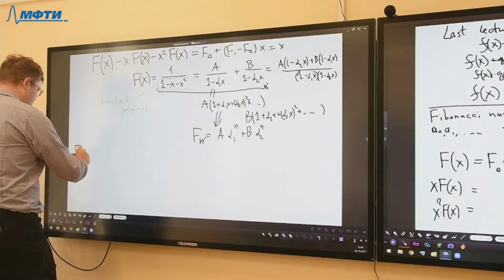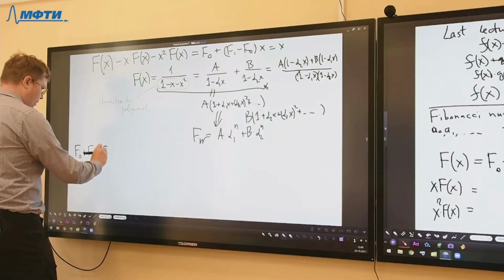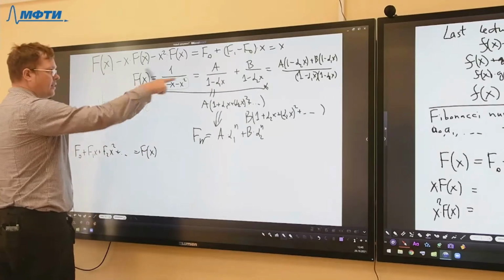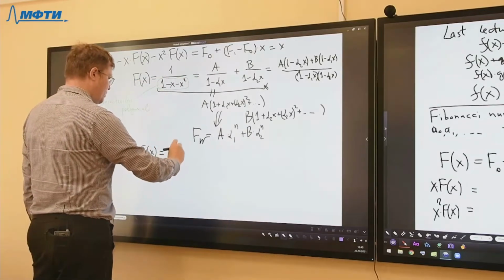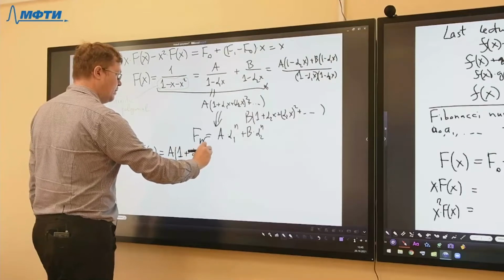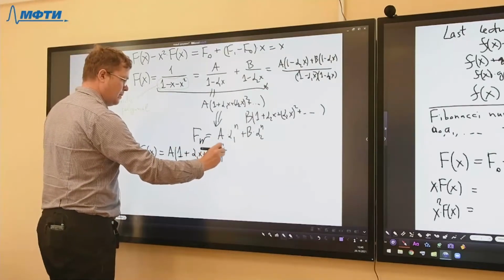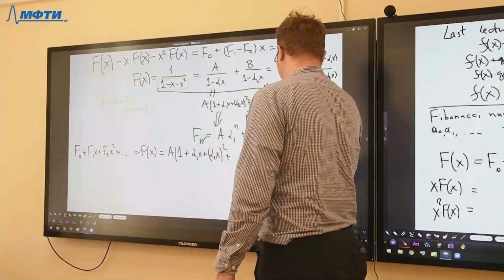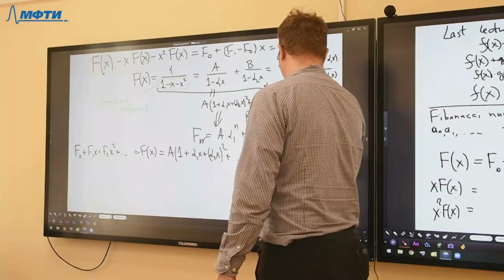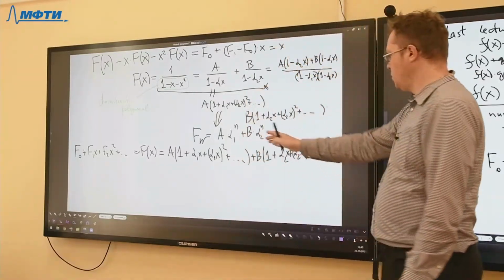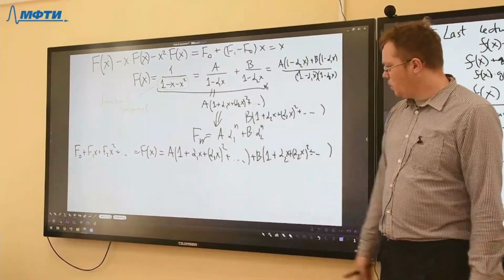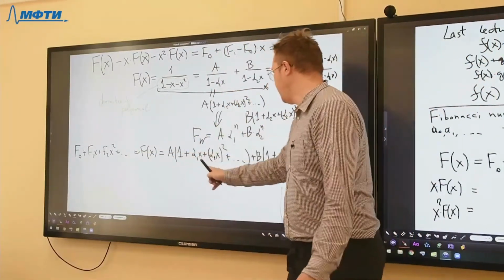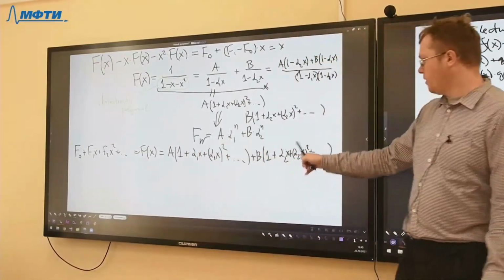So I have f0 plus f1x plus f2x squared plus etc. is f of x. F of x is the sum of these two formal power series. So I just look at the coefficient of the nth power of x. So we will have Fn and we will have A times alpha 1 to the nth power plus B times alpha 2 to the nth power.